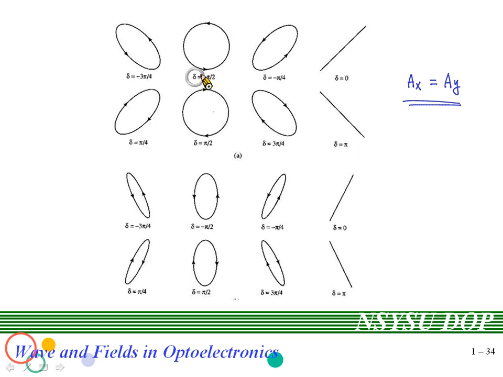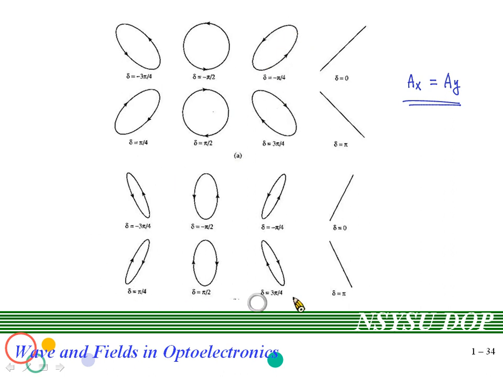If delta is minus half pi or half pi, you will obtain the right-hand circularly polarized wave or the left-hand circularly polarized wave. For other delta values, you will have elliptic polarization.